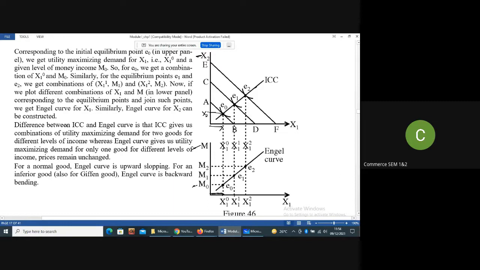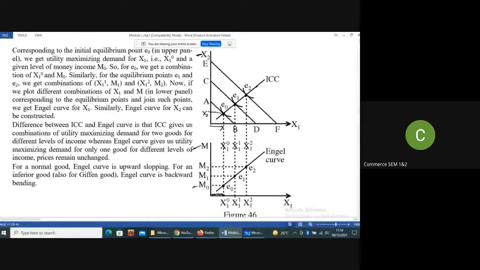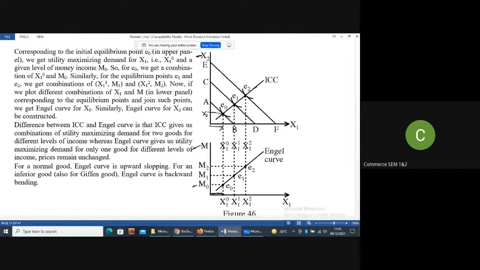So from ICC, you can get the equilibrium amount of X1 and X2 for different levels of money income given the prices unchanged. Whereas from the Engel curve, you can get the equilibrium amount of demand for any one commodity, in this case X1. So you can get the equilibrium amount of demand of commodity 1 for different values of your income if prices of two commodities are unchanged. Clear?